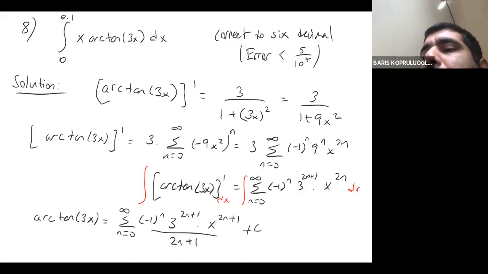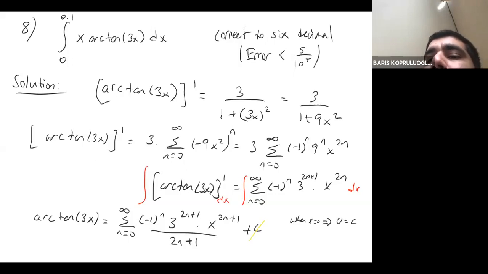And if you plug 0 for x, you'll see the left-hand side is going to be 0 and the right-hand side is going to be c. So c turns out to be 0. So this is arctangent of 3x.